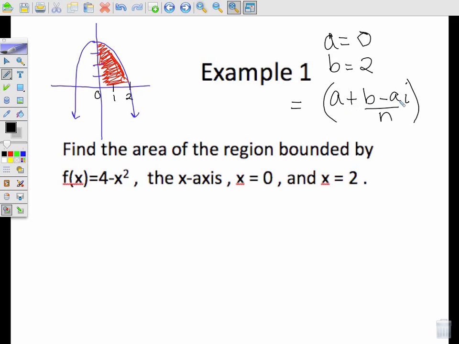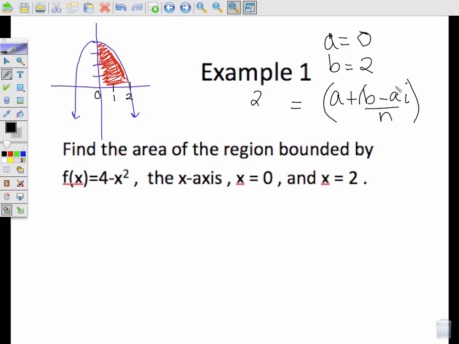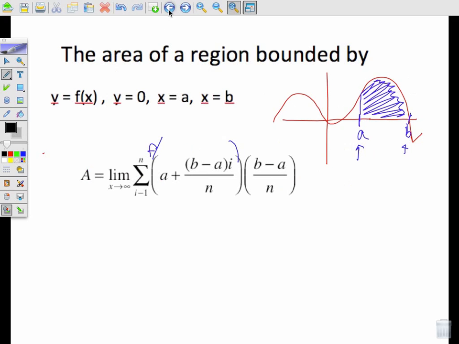So we've got 0 plus 2 minus 0, i over n. So really what I've got, and this is with some parentheses around this b minus a, is 2i over n. That's pretty much what we've got going on in this expression.